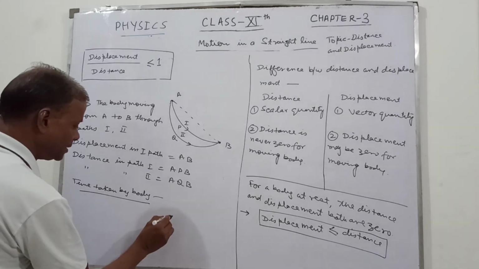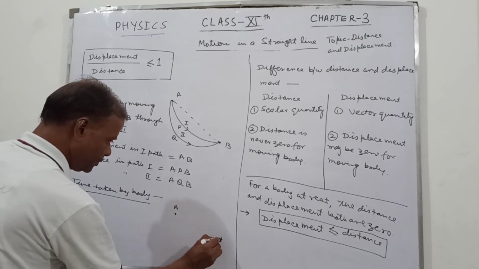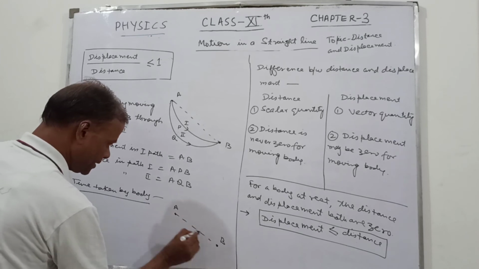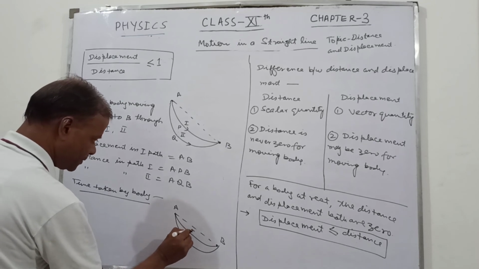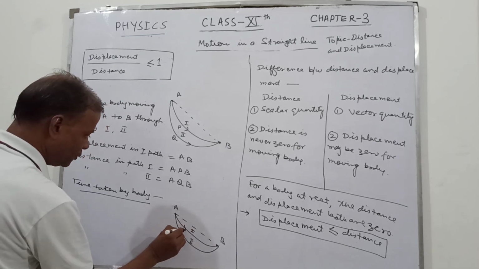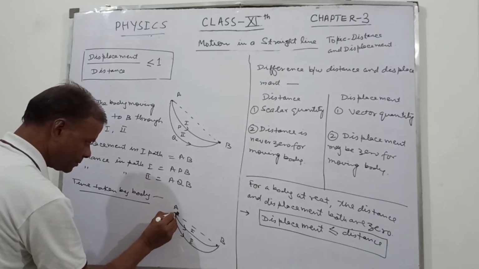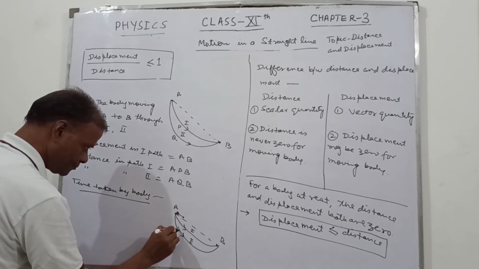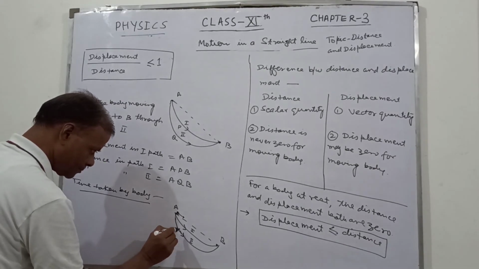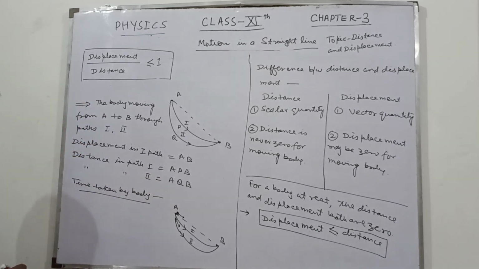Now what we have? We are having again the points. This is your A, this is your B, this is your straight line, this is a path like this. This is the first path, this is your second path, and the body is moving like this. Suppose a body is released from here, and then this is also released from here.